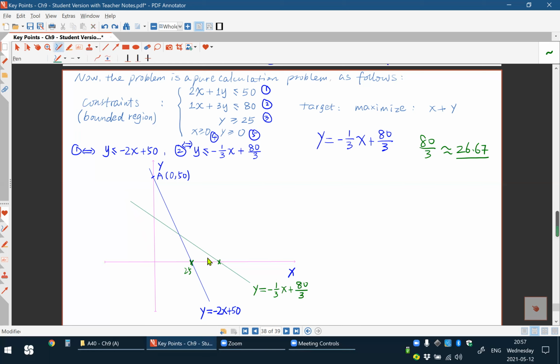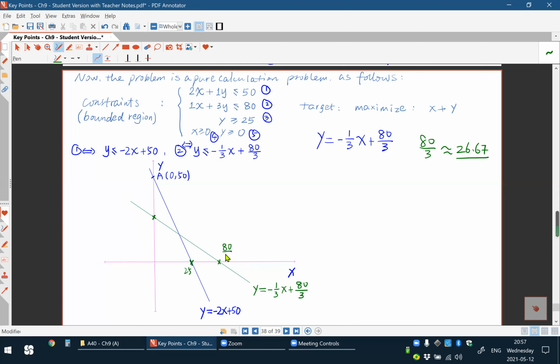So for example, the point M should be on the right-hand side of point N, okay? Okay, this is our second line. And note that you need to also verify if this point here is below point A, okay? The point here, let's write the coordinate here.